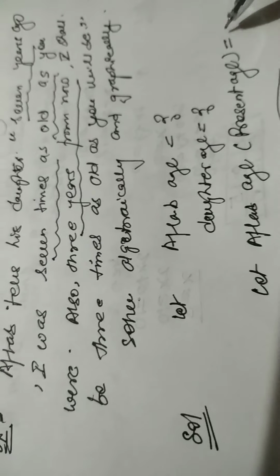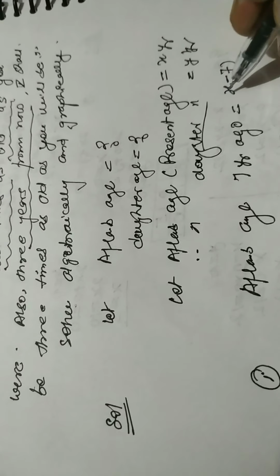Now situation number 1, condition number 1: 7 years ago. First we have to find out Aftab's age 7 years ago. Today it is x years, so 7 years ago Aftab's age is x minus 7 years.